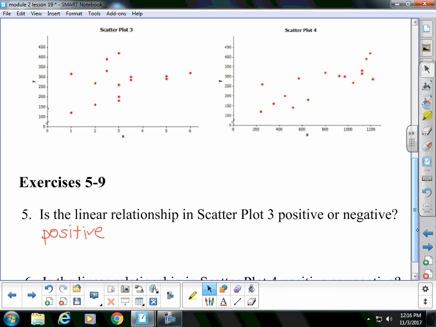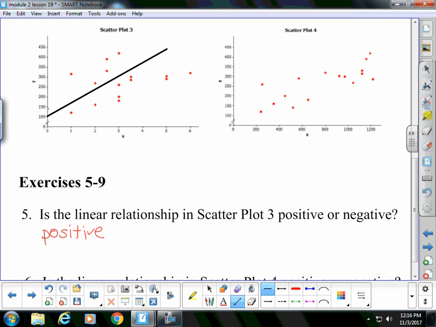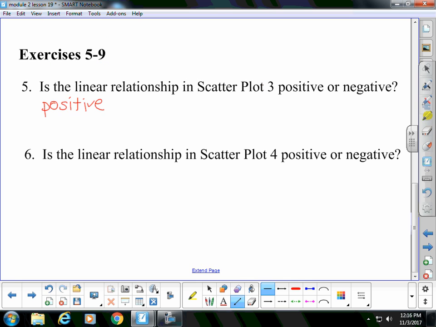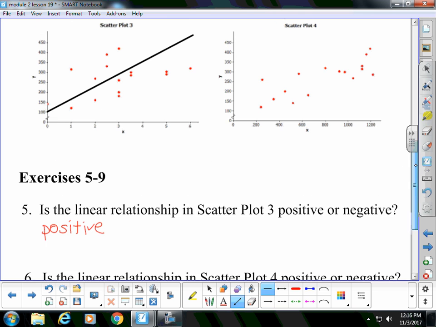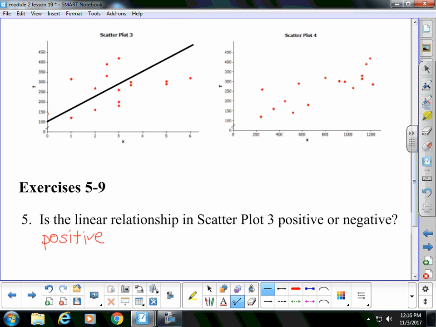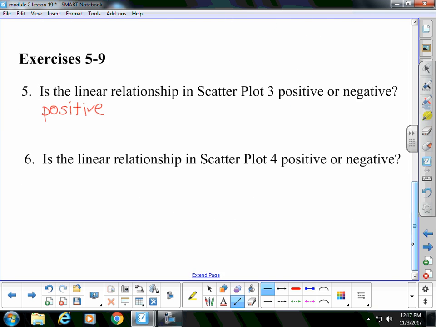If I were to draw a line, the line would be going up. Is the linear relationship in scatter plot 4 positive or negative? And again, if I were to draw a line that would best fit number 4, the line is also going up. So it would also be positive.